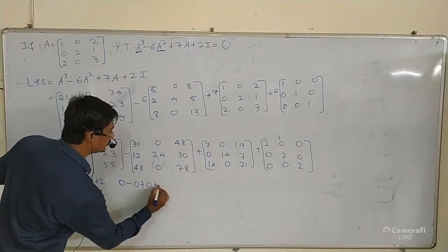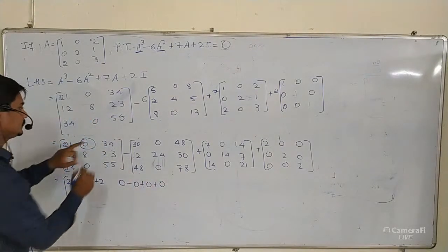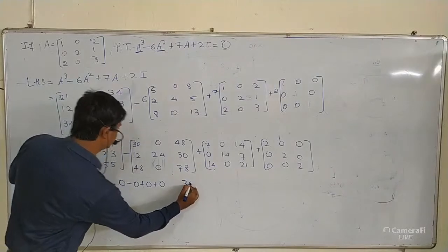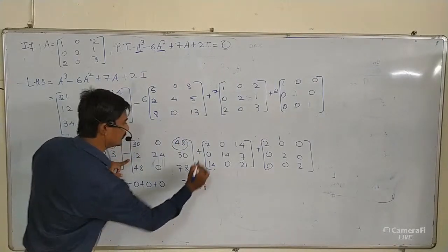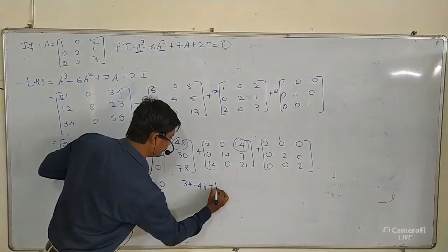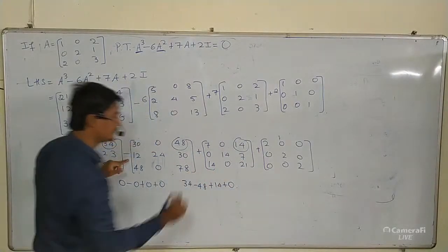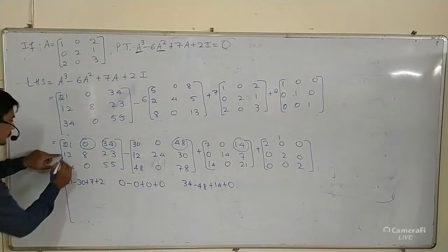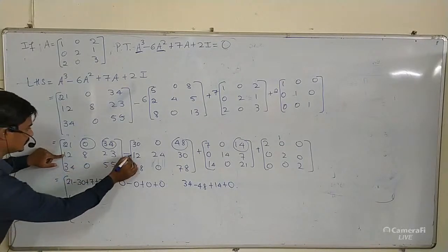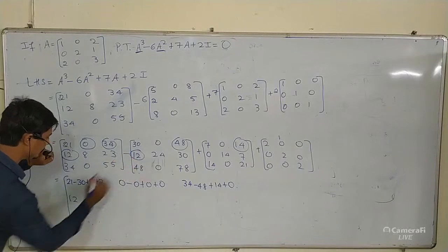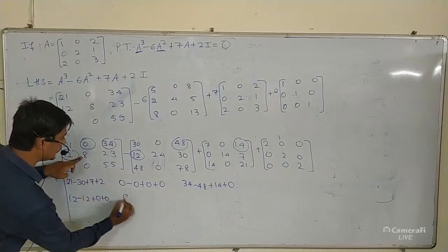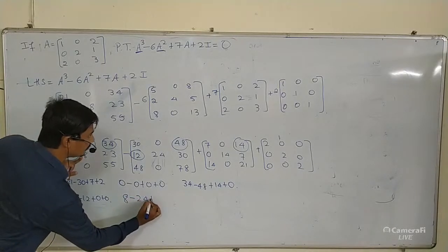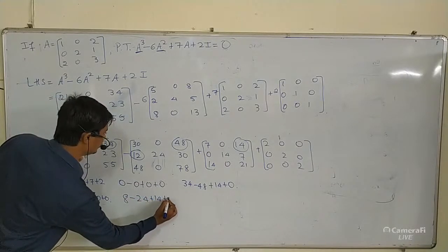0, 0, 0. This is plus 34, minus 48, plus 14, plus 0. Here plus 12, minus 12, 0 plus 0. This is 8, minus 24, plus 14, plus 2.